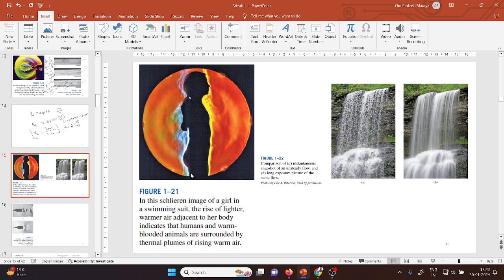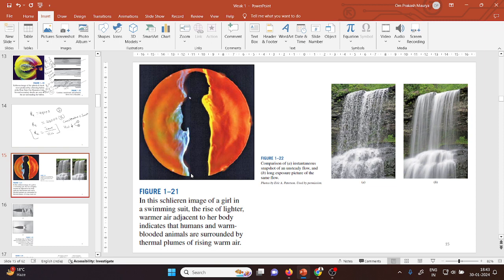Okay, now moving on to the next thing. Here are some examples of turbulent and laminar flow. This is picture A, in figure 1.22, where a waterfall is shown. Figure A is taken from very near the waterfall, and figure B is taken from far from the waterfall.